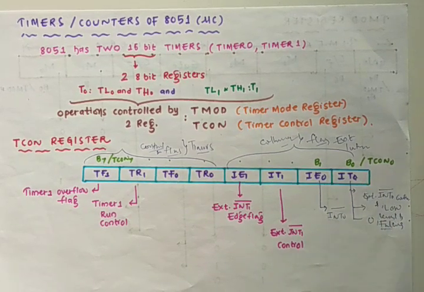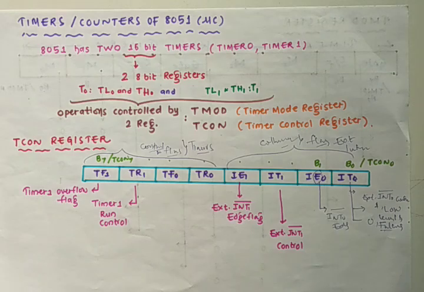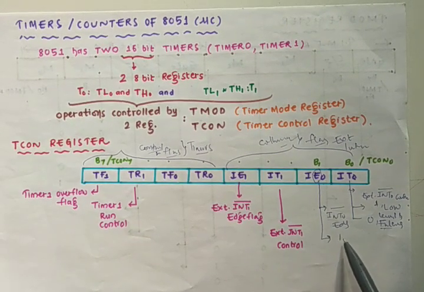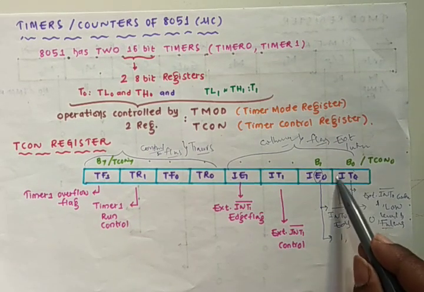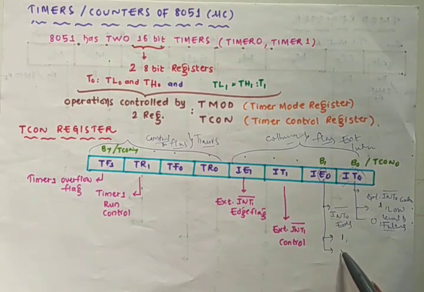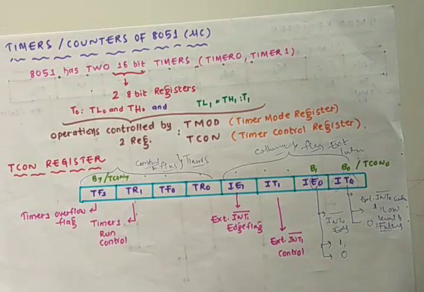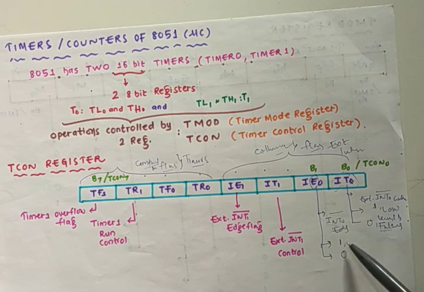This specified external interrupt INT0 has the edge flag, IE0. Whenever IT0 is 0, this will be programmed to 1, otherwise it is 0. When the program control moves to the interrupt service routine, that is to the address 0003H.